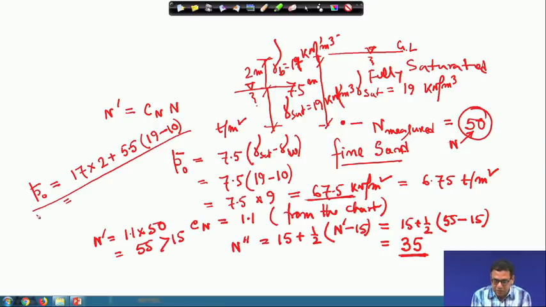In that case P 0 bar will be 17 into 2 plus 5.5, because the total is 7.5, so 5.5 into (19 minus 10). You calculate this P 0 bar and then do these things again. These are the two example problems that we are doing for two cases. The first one is as per ASTM and the second one is as per IS code.